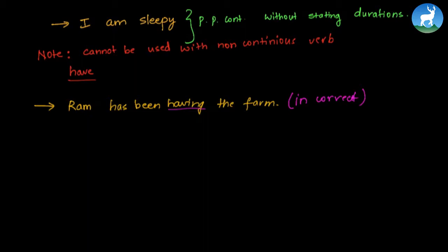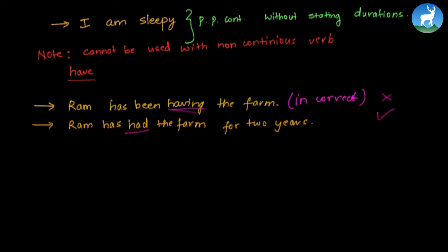The correct form is, Ram has had the farm for maybe 2 years. This means Ram still has the farm, and we use the correct form of have by stating had and not having. This is an incorrect statement, and this is a correct statement.